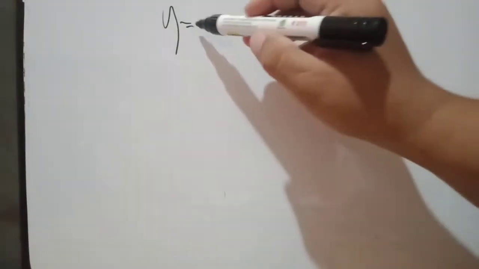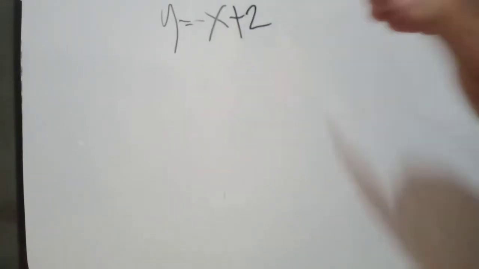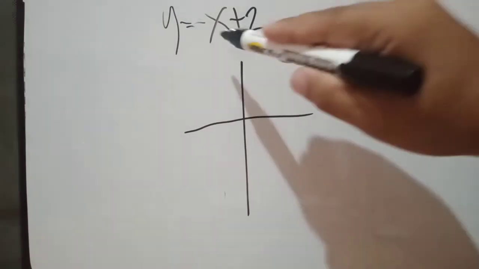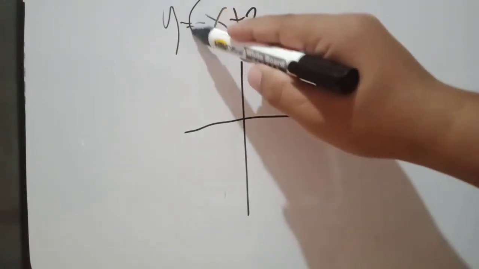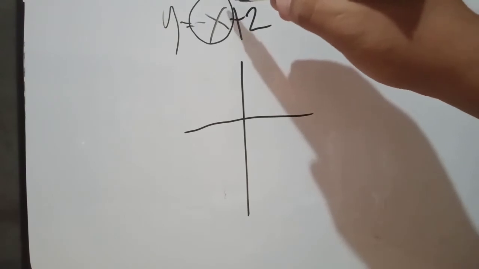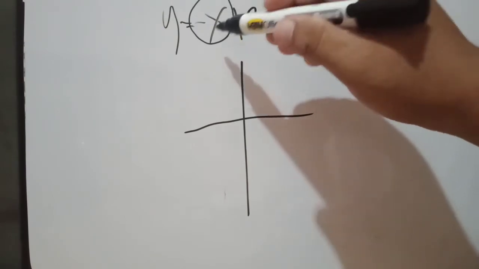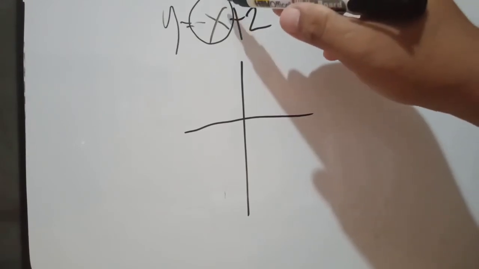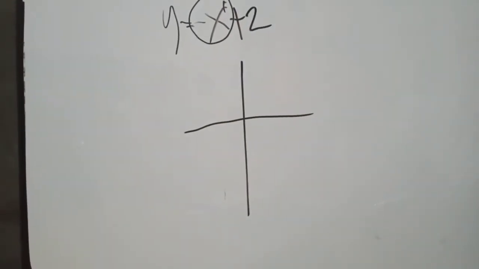What about if our leading term is negative x? Negative x plus 2. If this is the graph, the possible behavior of the line must be, you have to check first the leading term. As you can see, it is negative, and there's no exponent here, but automatically there is an exponent of 1.